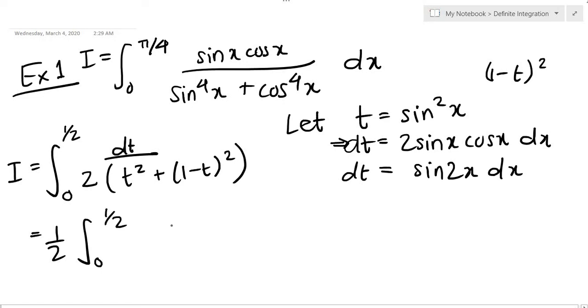Integral from 0 to half dt all over, when I open the bracket and simplify, 2t squared minus 2t plus 1.